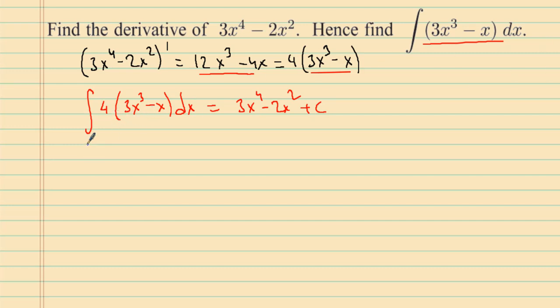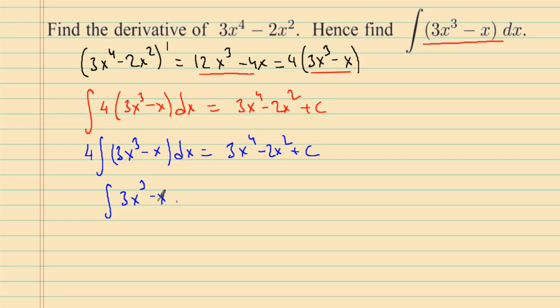So let's take 4 outside, so I will have 4 times the integral of 3x cubed minus x dx. Now let's divide all parts by 4, and we will get the integral of 3x cubed minus x dx equals 1 by 4 times 3x to the power 4 minus 2 by 4 x squared plus c again, because c by 4 will again be some constant.